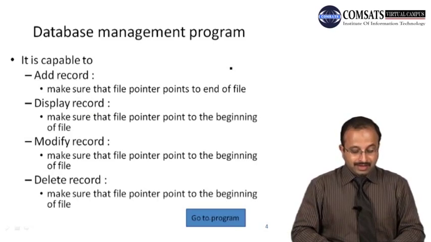That's it for today's lecture. In today's lecture I gave you a detailed demo of the database management program. In the beginning we had just the main function, then we converted the program into 4 different functions without passing any value to them, and then we converted the program so that we pass the file pointer to these functions, instead of declaring a global file pointer.